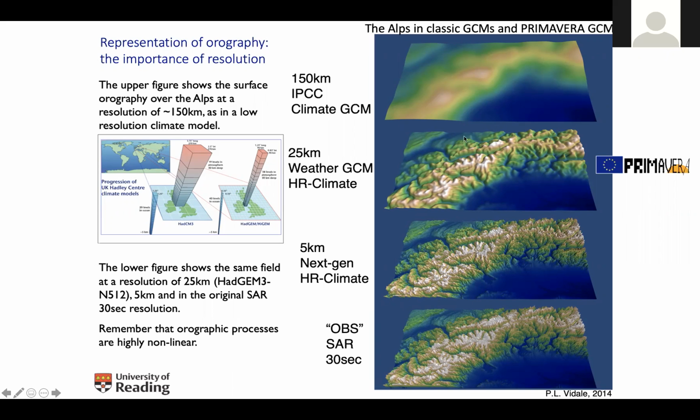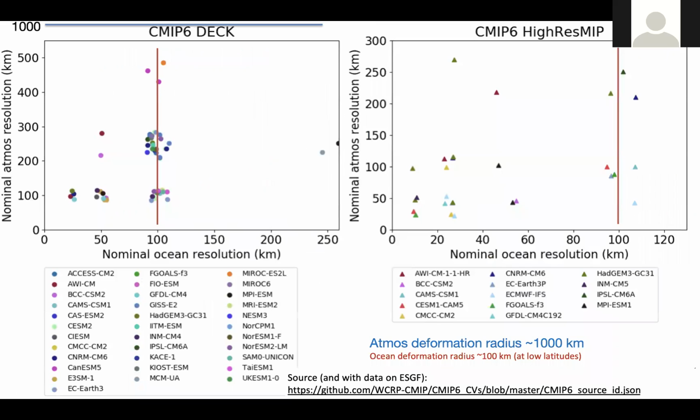But this was the core of HighResMIP, to run experiments at these 2 resolutions and compare and understand what the role of resolution is. So this is an example from the current CMIP archive of what the resolution space is. Many models are still running 1 degree ocean models, for the DECK experiments. And a handful are running at 1/4 degree, but still the atmospheric resolution is rather poor.